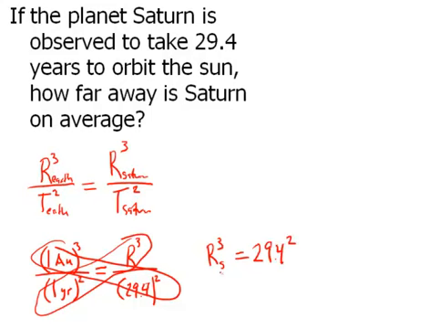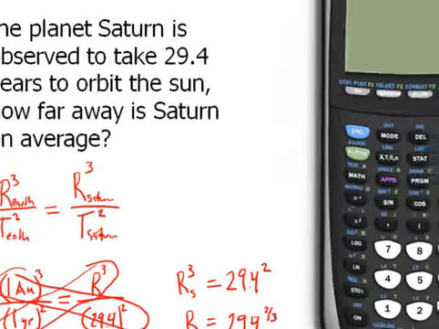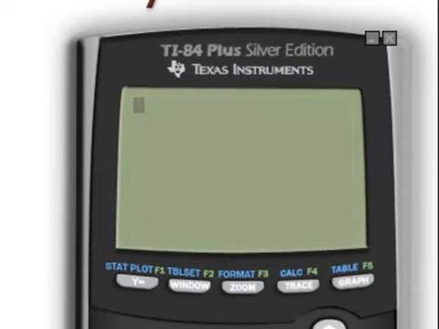And so the radius of Saturn's orbit is equal to the cube root of 29.4 squared, or 29.4 raised to the 2/3 power. You can calculate this a couple of ways. The way I would do it is to type 29.4 and then raised to the 2/3 power, and you'd have to put 2/3 in parentheses.